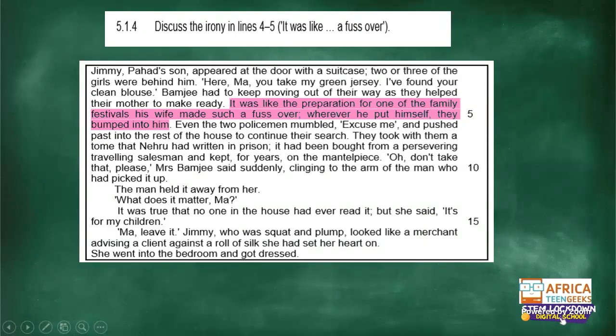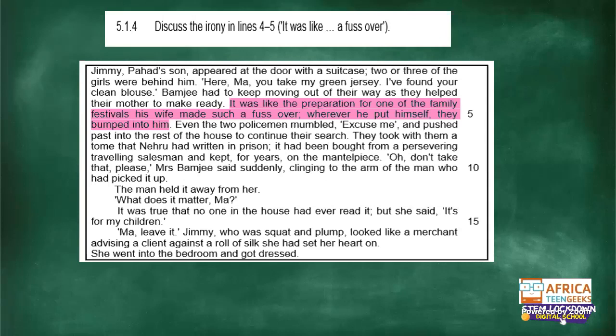Thing is, this is quite a lengthy paragraph, and I don't want to confuse you guys by reading it, whereby you don't really know the entire thing. So we already know that the figure of speech they are talking about is irony.